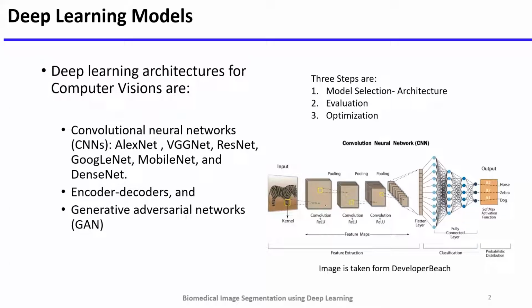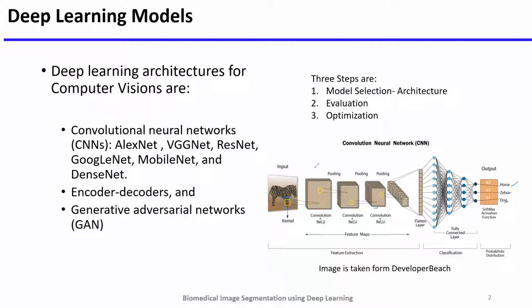You can see here in this image, using a convolutional network, the idea is to define a kernel and identify the important features, which later help get the low-level information and features that further classify a particular image as a horse, zebra, or dog.